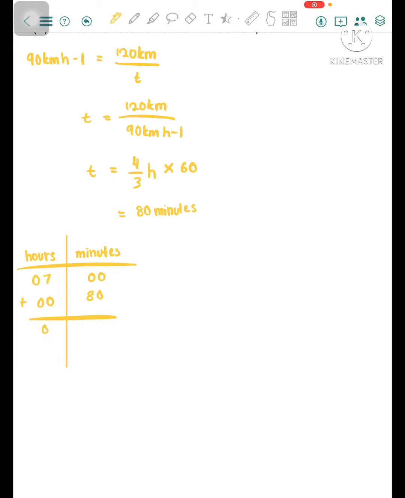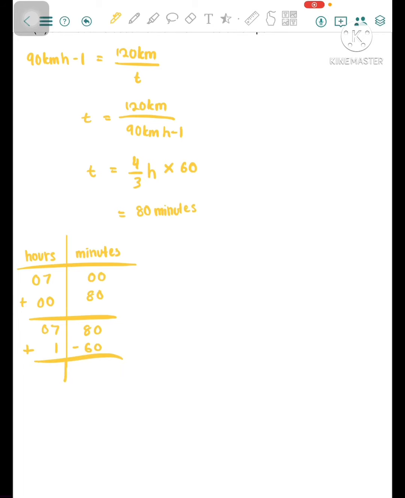So it's 7 hours and 80 minutes. But 80 minutes is more than 1 hour. 1 hour is equals to 60 minutes. So we'll have to minus this by 60 and add 7 by 1 hour.